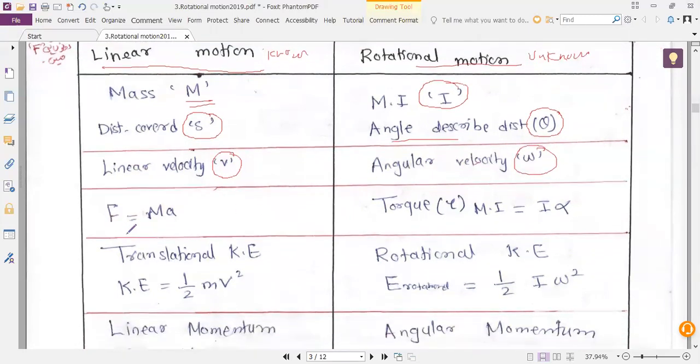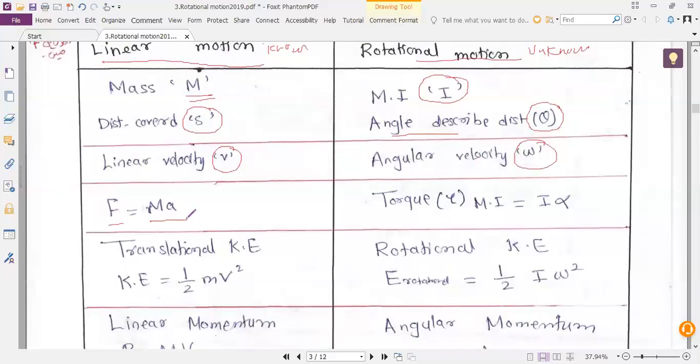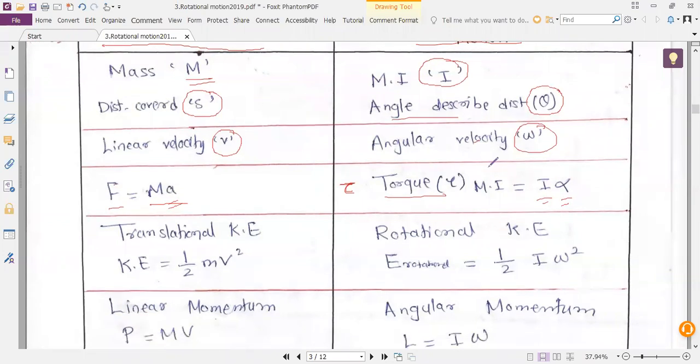Now we know the formula of force is equal to mass into acceleration. But in rotational motion, force is represented by torque, and the symbol of torque is tau, which is nothing but inertia into alpha, where mass is represented by inertia and acceleration by alpha. I hope you understand how we make the torque formula.